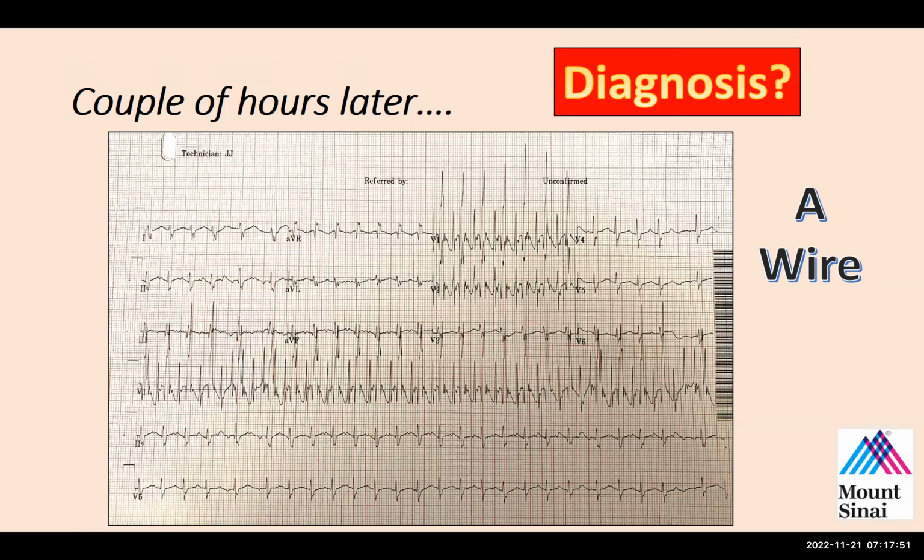Well, if the wire is undersensing, it can cause depolarization at a point where the atria is still in some kind of refractory period, maybe, and that can cause an arrhythmia.